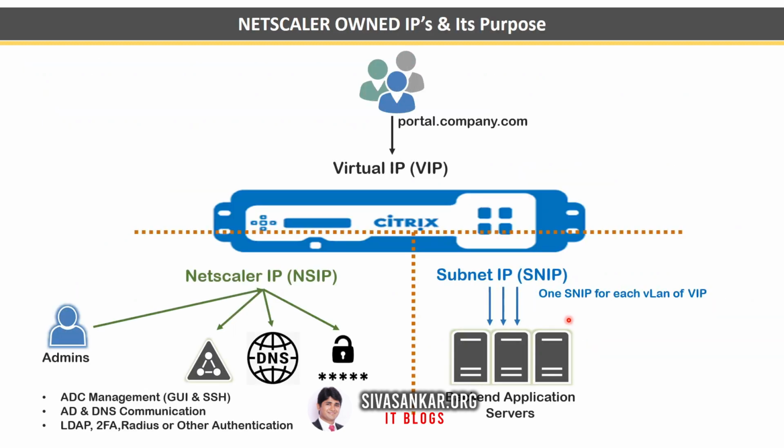Now let's move to the NetScaler owned IPs. We already saw this before. What we are trying to discuss here is, when the traffic is going from the user, the traffic will come to the virtual IP and then to the backend servers, right? So where are these virtual IPs? Let's say that you have a LACP channel, for example.